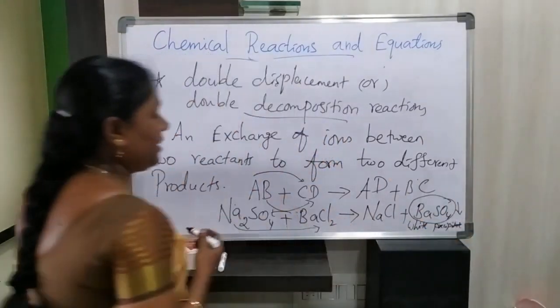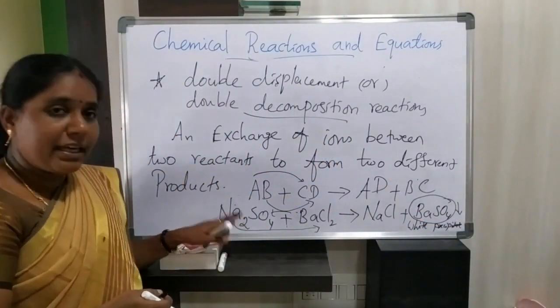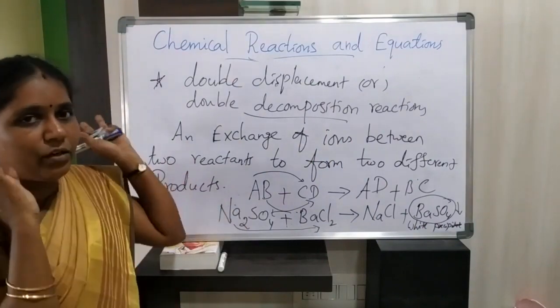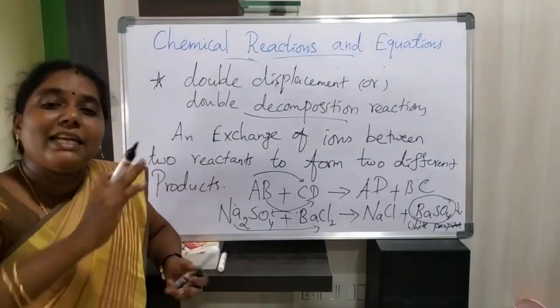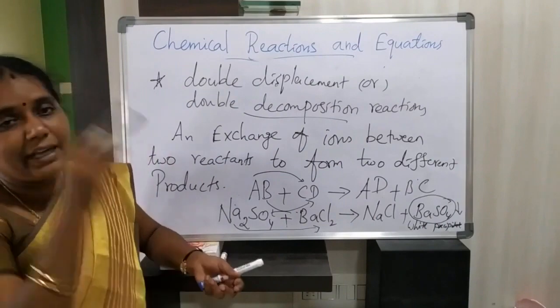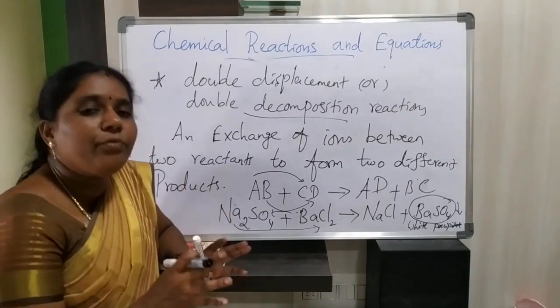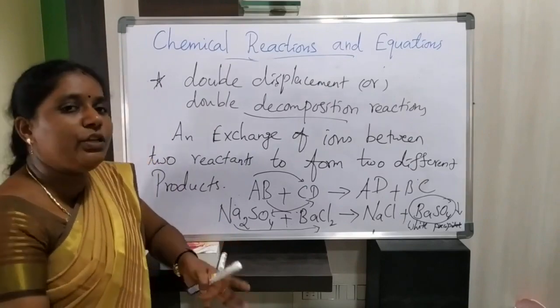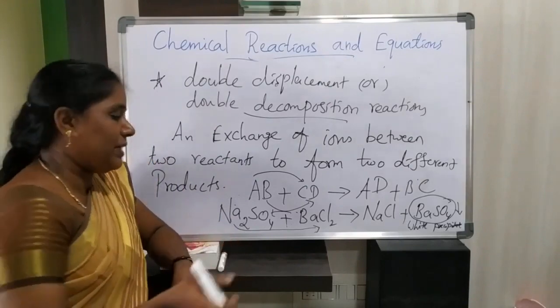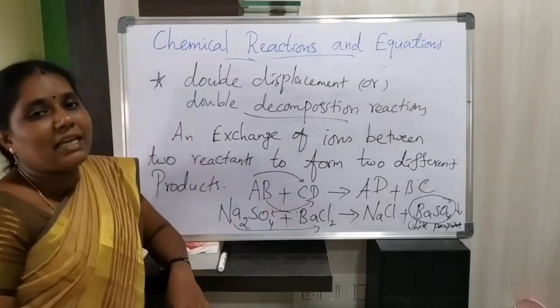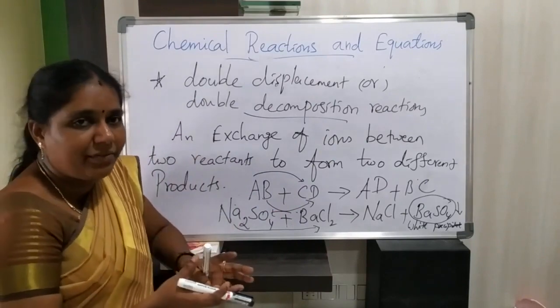See what happens here. We are taking sodium sulfate and barium chloride as salt solutions. Suppose instead of salt solution we take only the salts, then the reaction does not take place. When we mix two salt solutions, only then the reaction takes place. How will you make sodium sulfate solution?